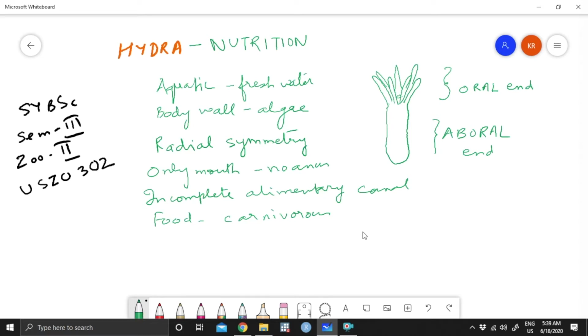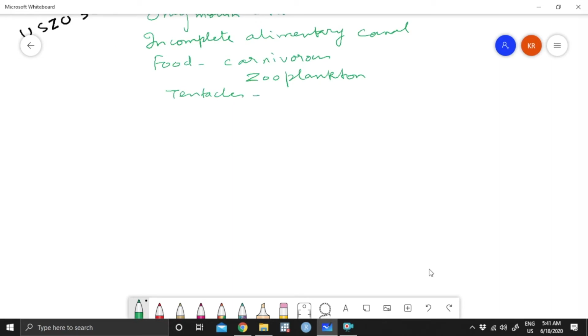And the food of Hydra is that they feed on zooplankton, tiny organisms, with the help of tentacles, because on the tentacles are present very special groups of cells that we call cnidocytes. These are present on the outer layer, which we call the epidermis.